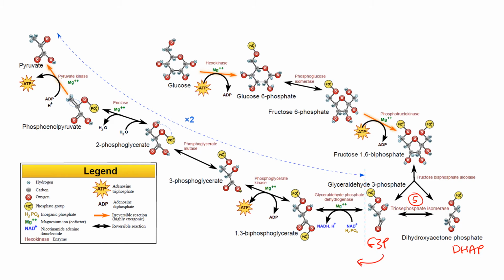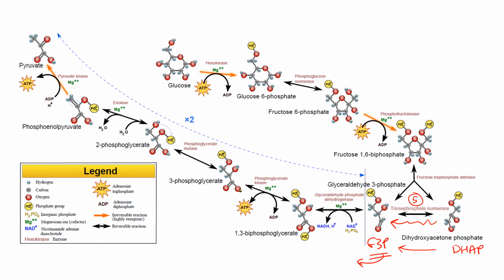So G3P is the only molecule that continues in the glycolytic pathway. As a result, all of the DHAP molecules produced are further acted on by the enzyme triose phosphate isomerase, which reorganizes the DHAP into G3P, so it can continue in glycolysis.